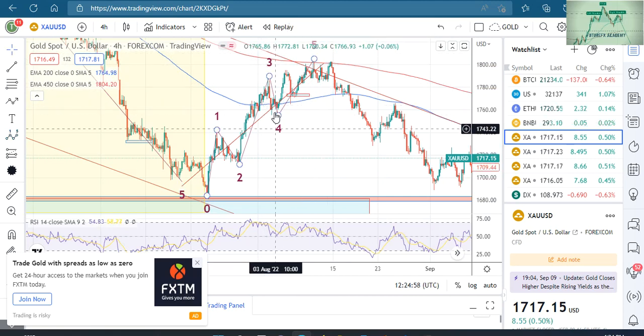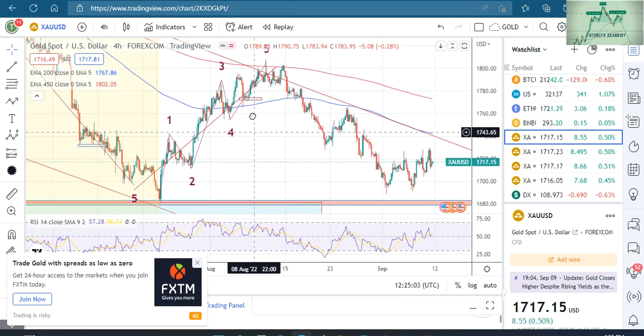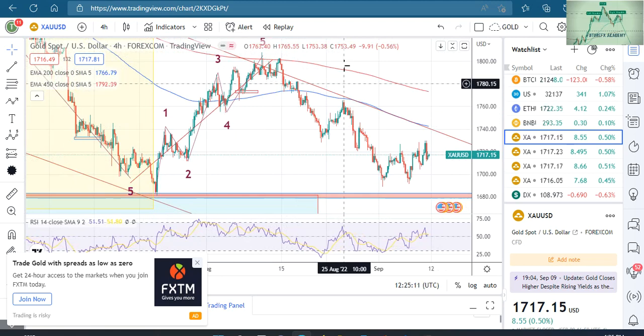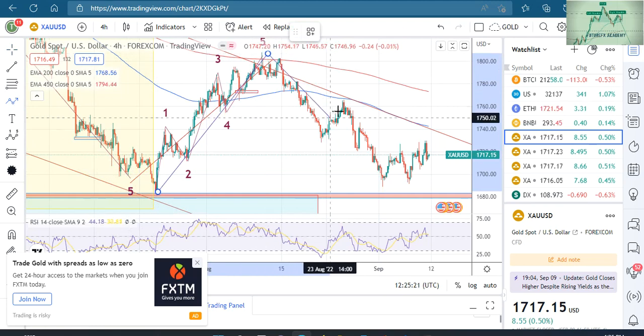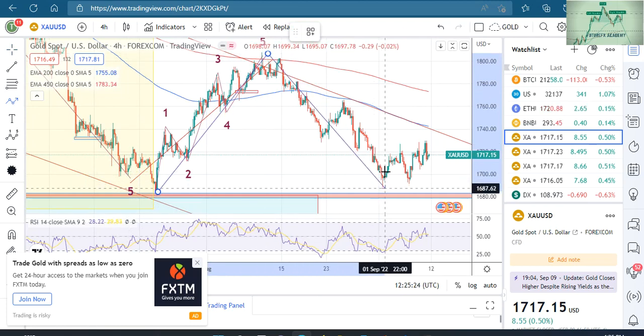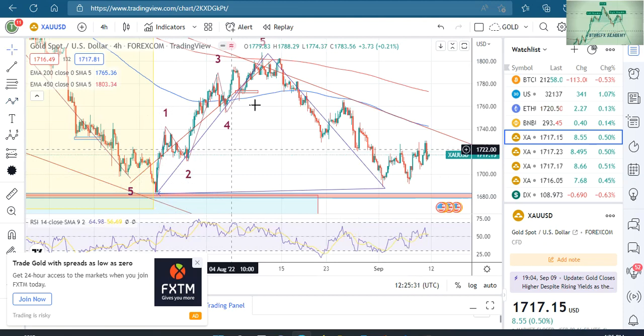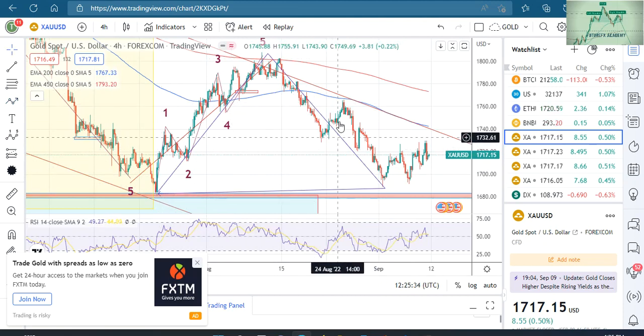So with this, we expect a corrective wave. So the corrective wave inside this wave is this one, two, three. So this is a complete wave circle. This is a complete wave circle on a corrective wave inside this wave.